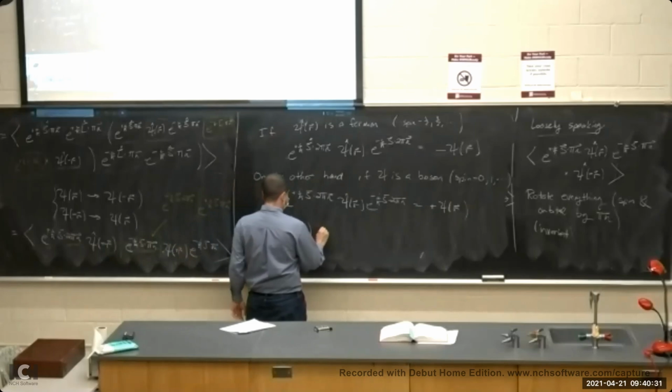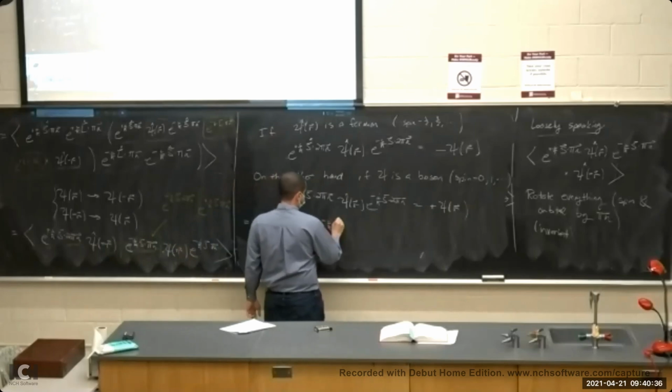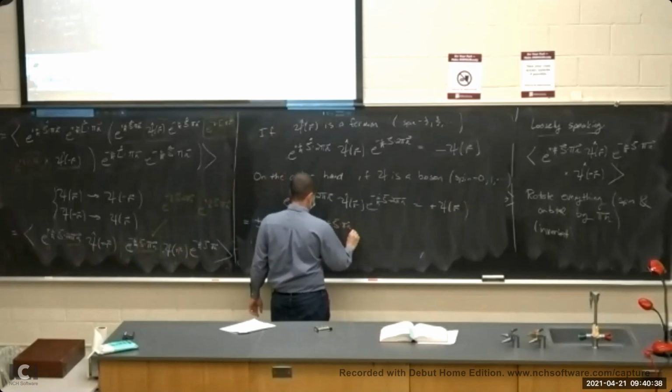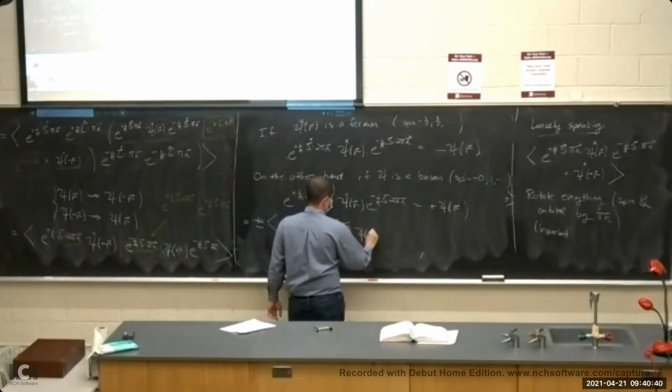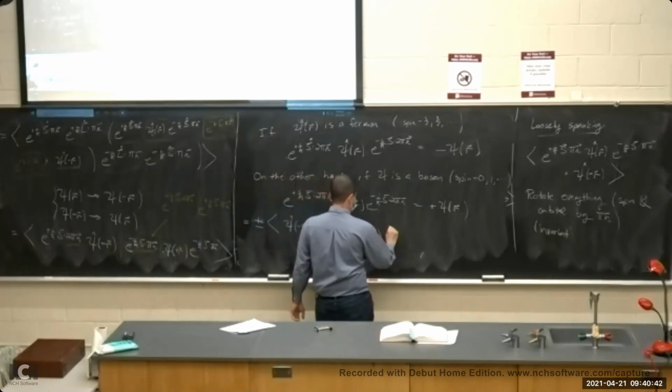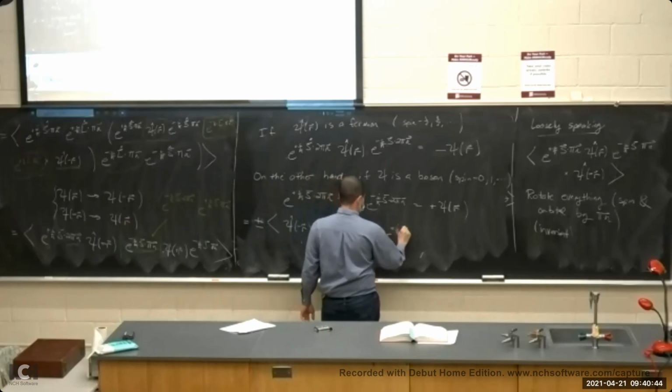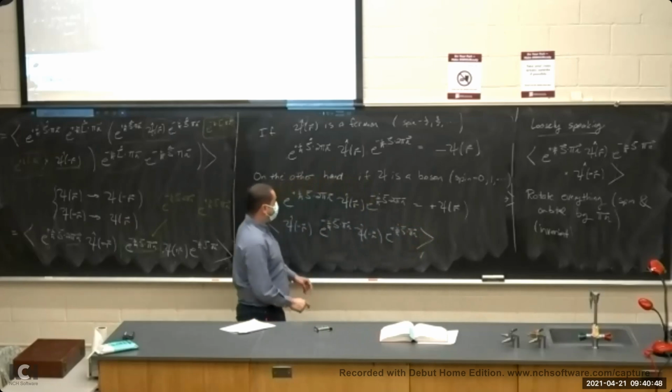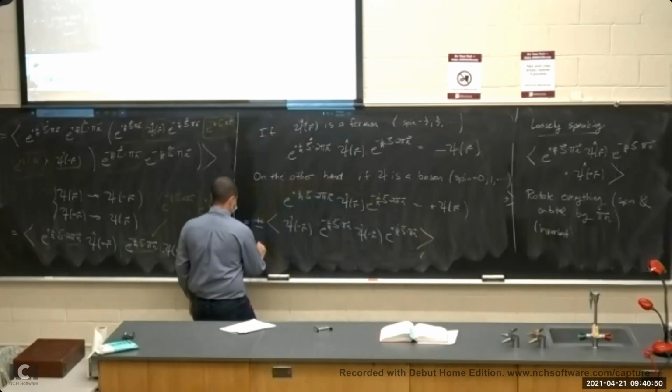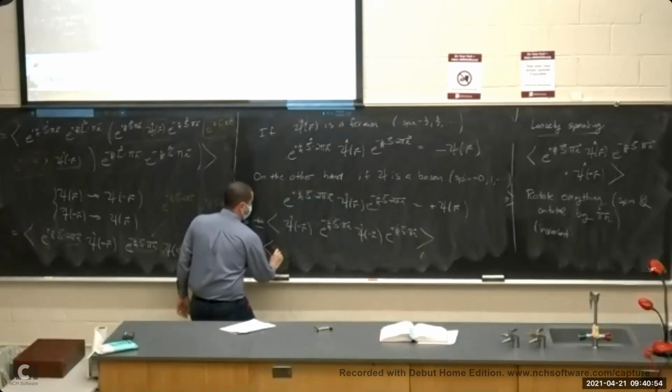And then I'm left with the spin rotated thing on the right, e to the minus i over h bar S dot pi n, psi of negative r, e to the plus i over h bar S dot pi. This is supposed to be equal to the thing that I started off with. So this is equal to the rotated thing on the left.